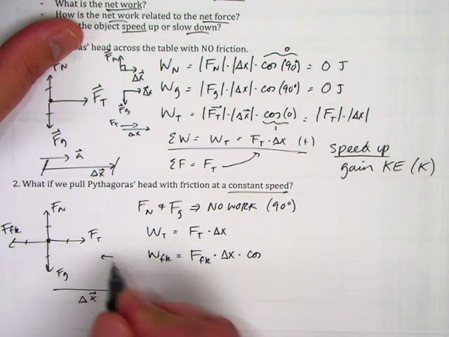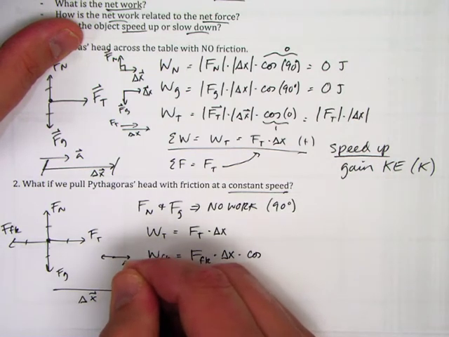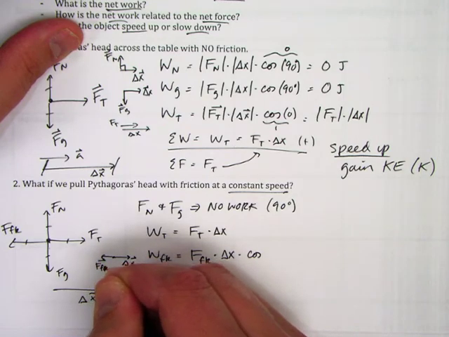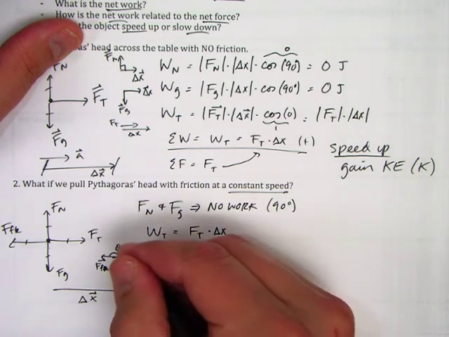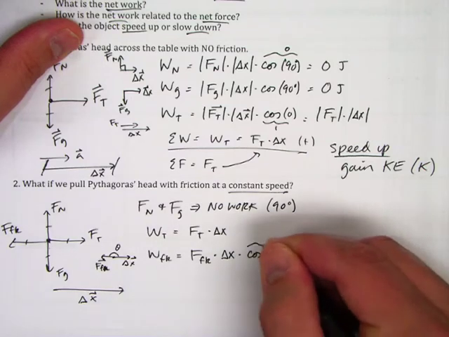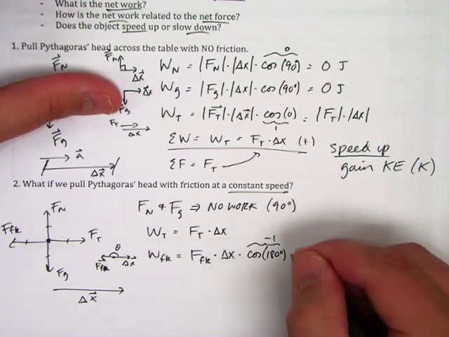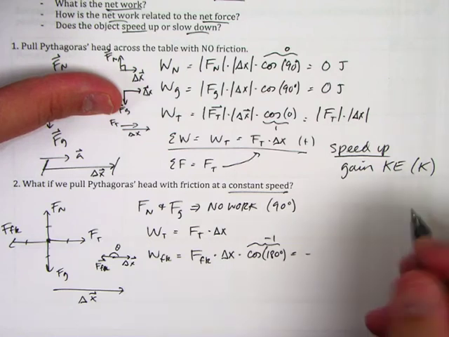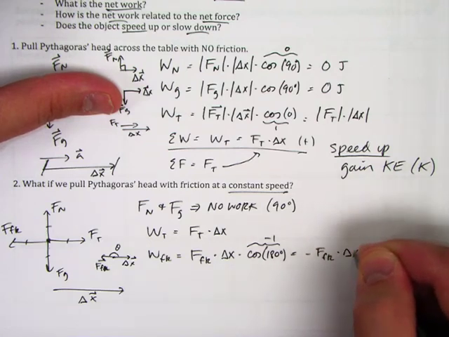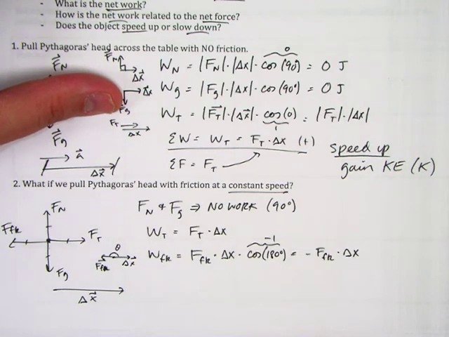Well, now friction is to the left, delta x is to the right. So what we've seen before now is these are anti-parallel to one another, or a theta of 180 degrees. And the cosine of 180 degrees is -1. So we get that this frictional force is doing negative work, minus Ffk times delta x.